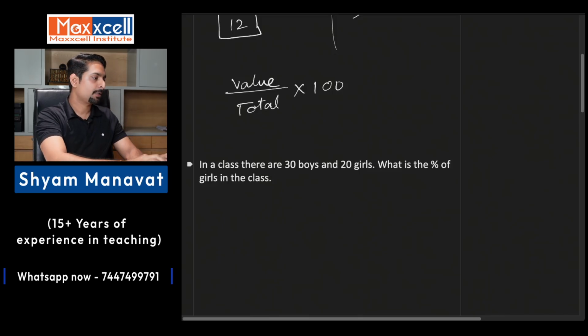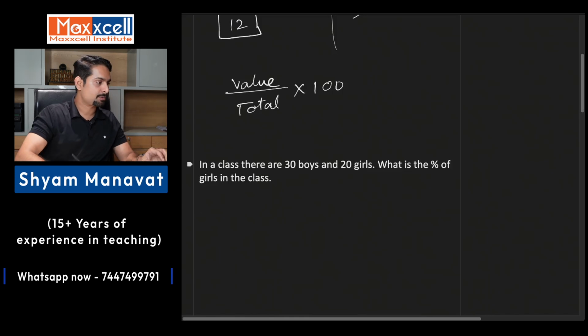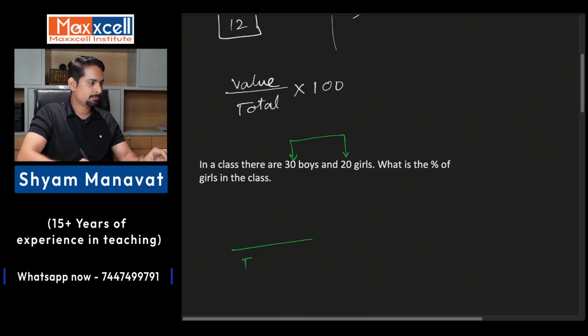Now how to calculate? You will say, okay, 30 boys, 20 girls, the percentage of girls in the class. So as per the formula which I have written here, the total is 20 girls plus 30 boys, so 30 plus 20, that would be 50.